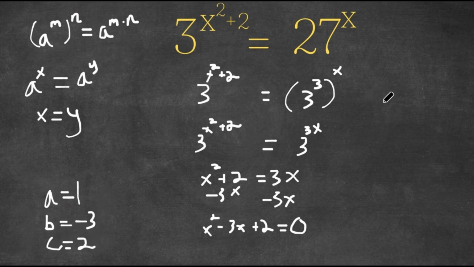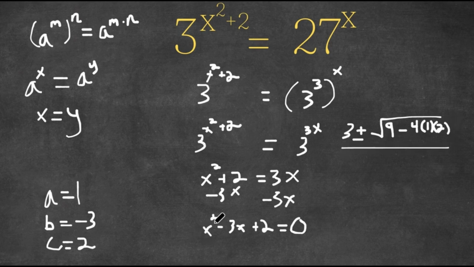So now if we plug this into the formula, we get negative b, so 3, plus or minus the square root of negative 3 squared, which is 9, minus 4 times 1 times c, which is 2, and we are dividing this by 2 times 1, which is simply 2.